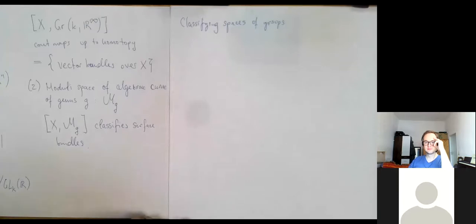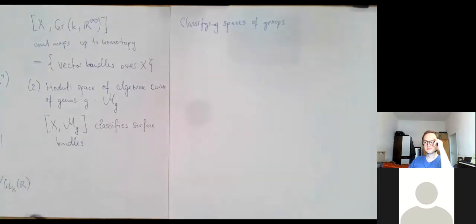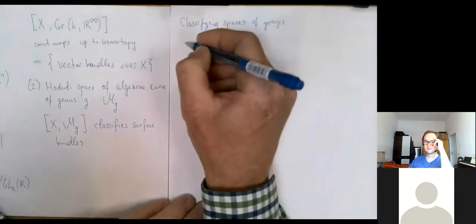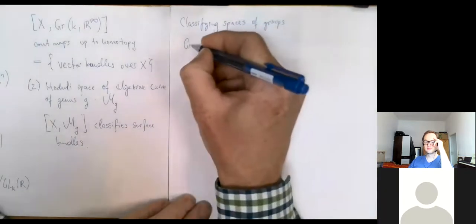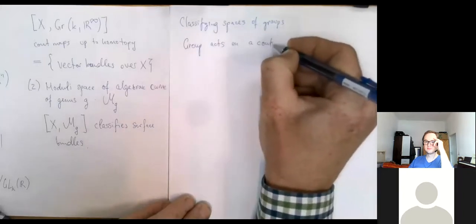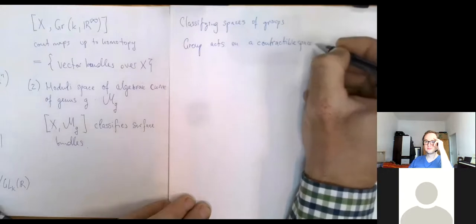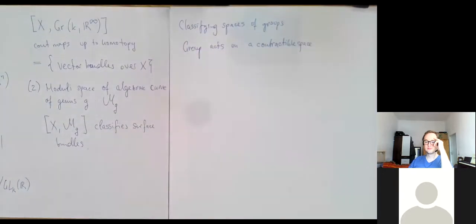This is, of course, a quotient of a contractible space by a group. So we usually have a group acting on a contractible space, but that's not the only property we need to have the classifying space of a group. We also need that it acts, if it's a discrete group, properly discontinuously and freely.